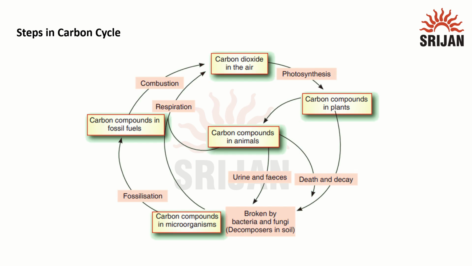Now, if we summarize how it looks, first CO2 exists as a gas in the air. By the process of photosynthesis, it will be fixed into the world of living organisms, that is carbon compounds in plants. Plants are eaten up by animals. Both will die one day, and when they decay, they release the CO2 back to the atmosphere by the action of bacteria and fungi. Other than that, when they are living, both of them will respire and give back CO2 into the atmosphere.